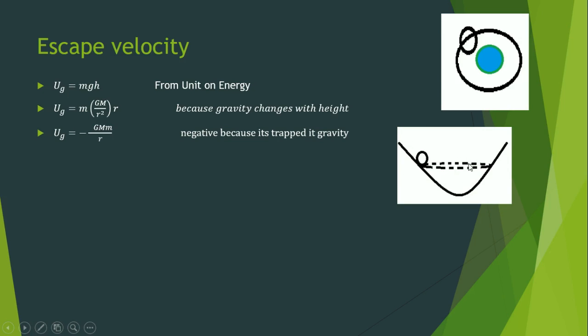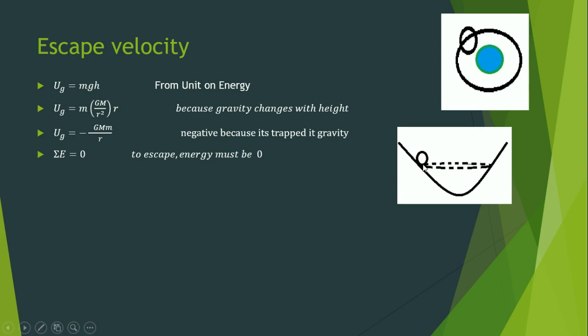So this planet here is orbiting around the Earth, and imagine the Earth in the center. And since it's in a hole, it will always keep on orbiting, orbiting, orbiting, because it will never leave because it's trapped. So to escape, you just need the energy to equal 0 joules.